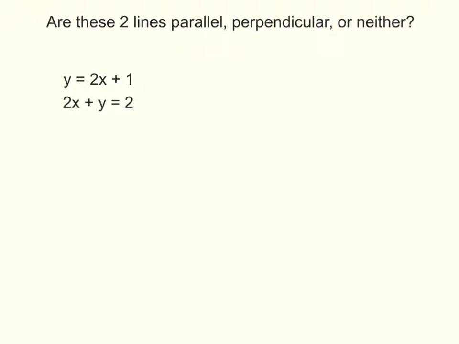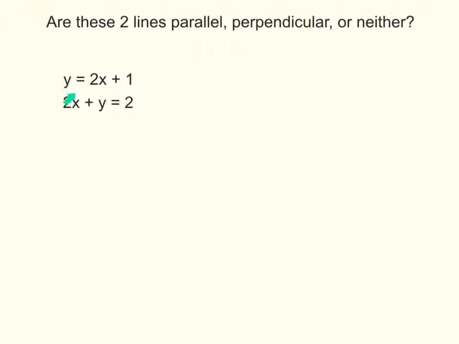Let's look at these two lines and determine if they're parallel, perpendicular, or neither. Y equals 2x plus 1 is already in slope-intercept form, so we can stick with that. 2x plus y equals 2, however, is not in slope-intercept form.